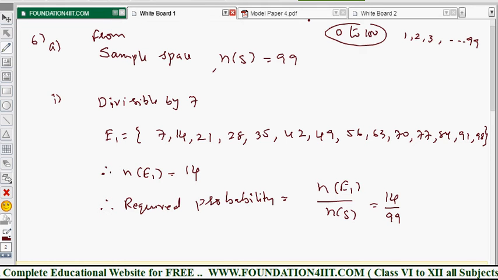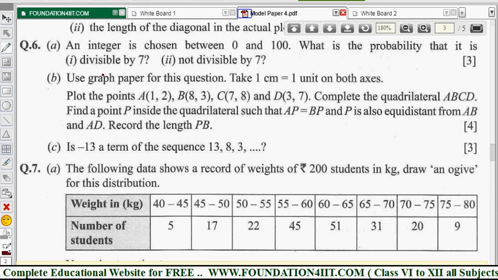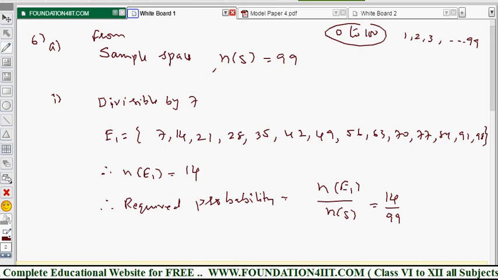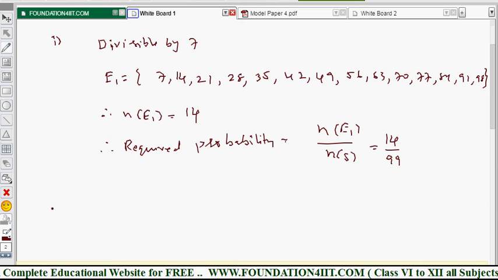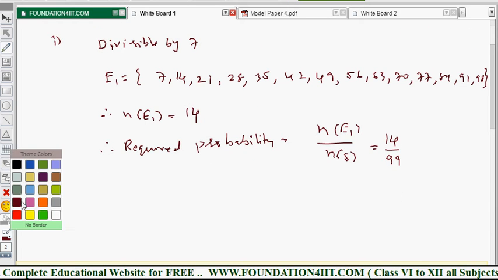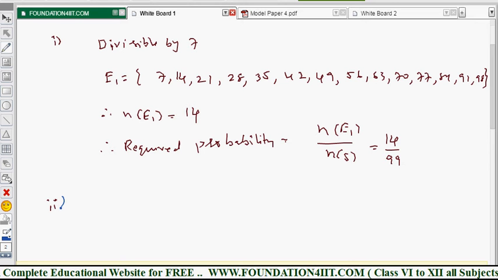And the next question, the same one, not divisible by 7. Not divisible by 7 means we just subtract from 1. The remaining numbers are not divisible by 7.